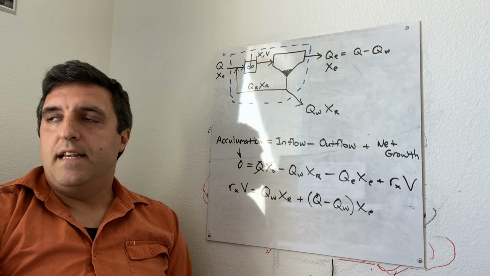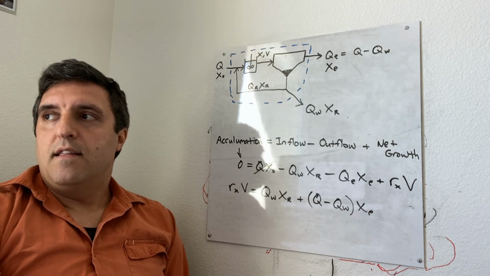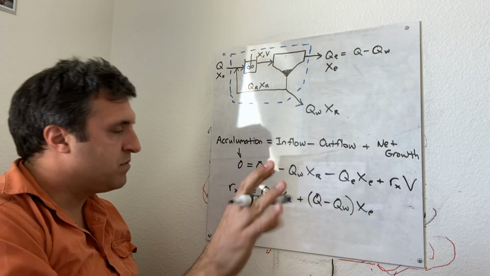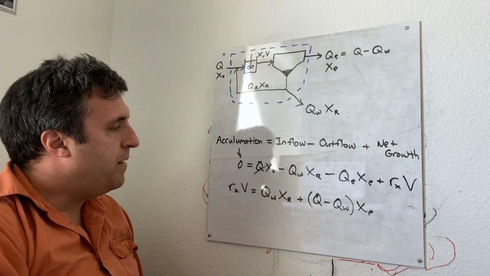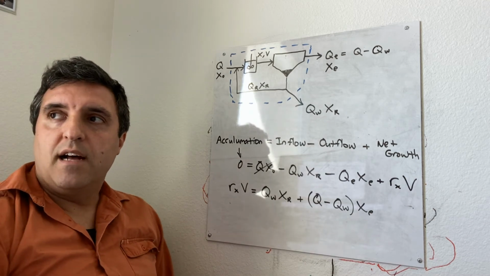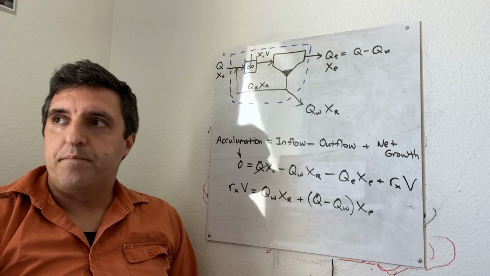All right, so then this can be algebraically manipulated, as we're going to see in a little bit. However, what we want to introduce here is the concept of the solids retention time.